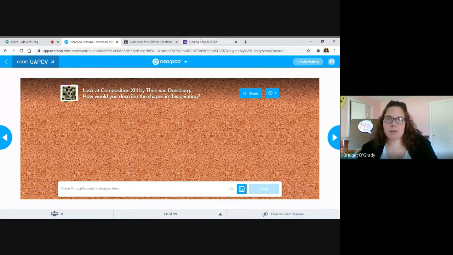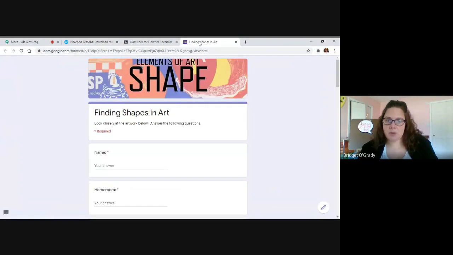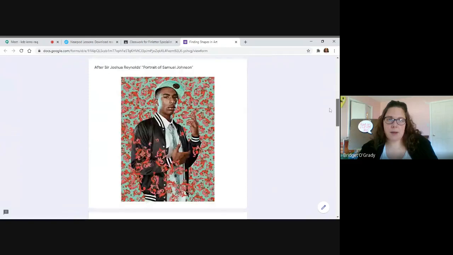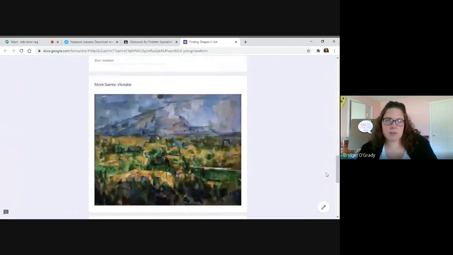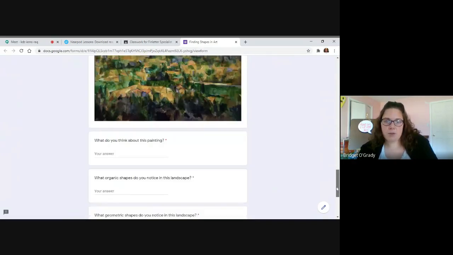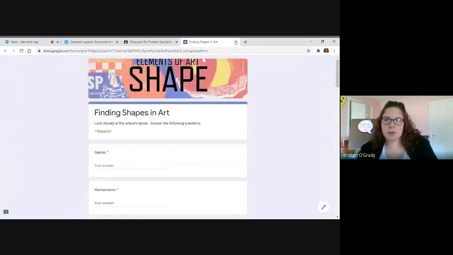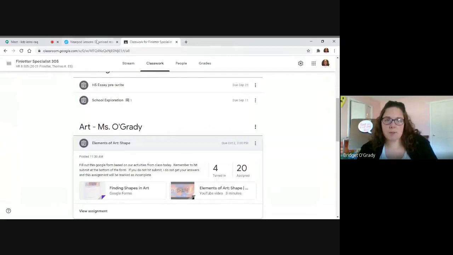Inside the Google form that's attached to your assignment, there is going to be a painting by Kehinde Wiley called After Sir Joshua Reynolds' Portrait of Samuel Johnson. The other picture you're going to be analyzing is Mont Saint Victor by Paul Cézanne. There are a couple of questions about each of those paintings and a couple of questions at the top, which is your independent assignment for the week.